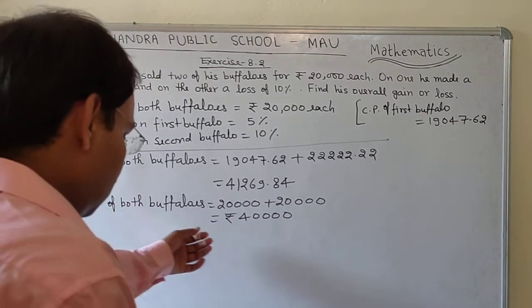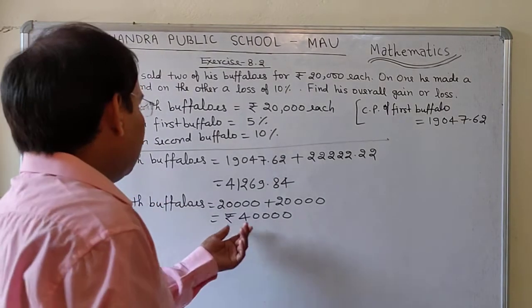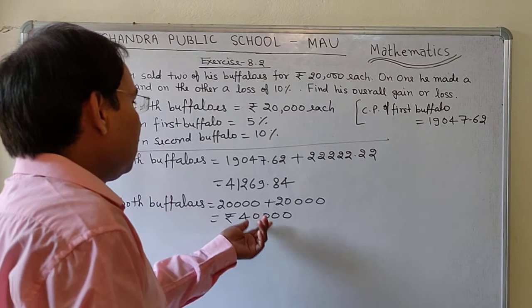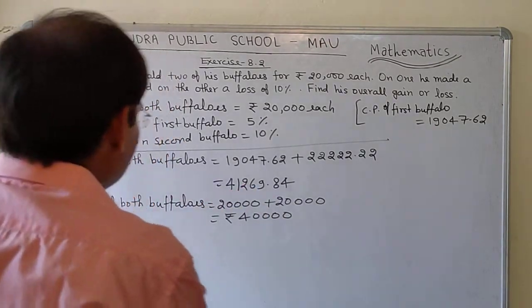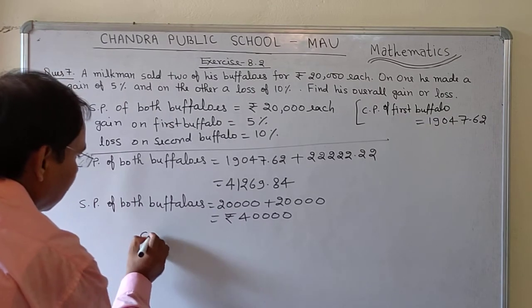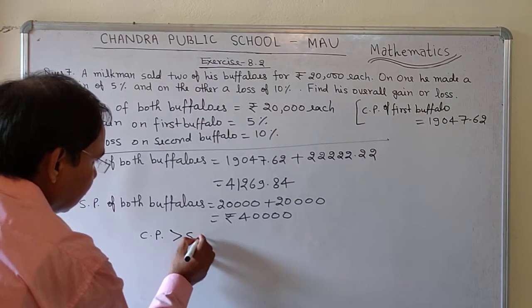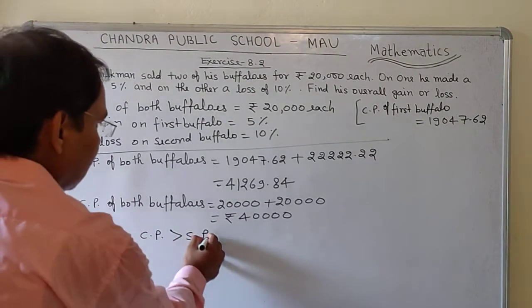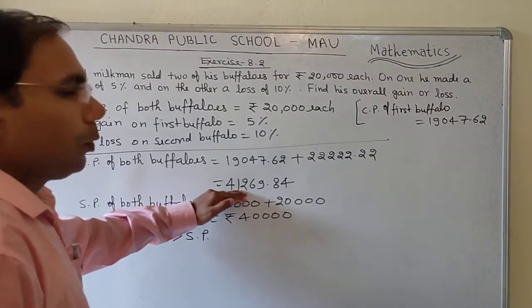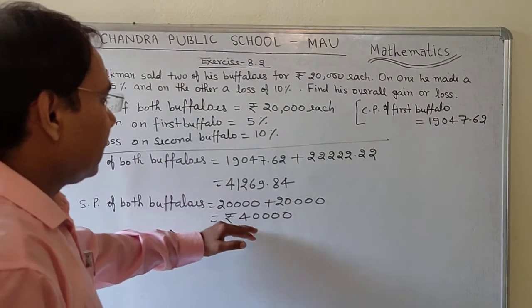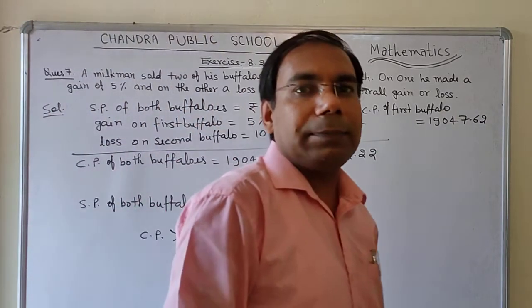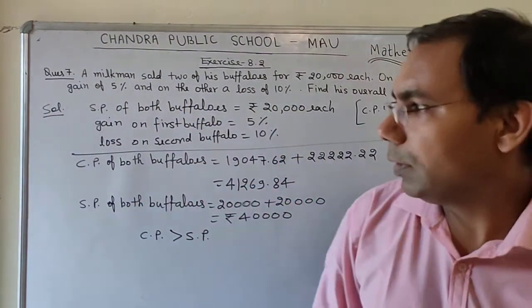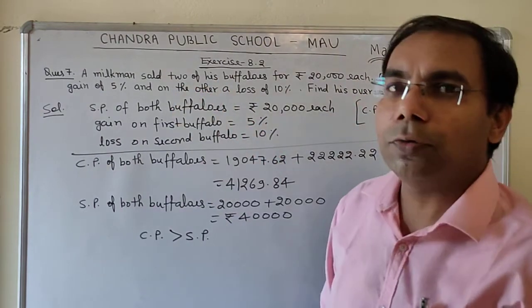So the selling price for both the buffalo is 40,000, and the cost price is 41,269.84. So here you can see the cost price is greater than the selling price. The cost price for both buffalo is greater than the selling price of both buffalo. If the cost price is greater than the selling price, then there will be a loss. So it means the milkman is going to get a loss.